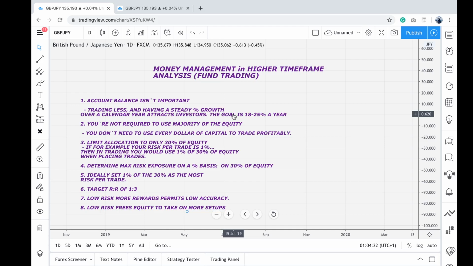So that way, even if you're taking on a trade, that very much reduces the risk exposure to the marketplace. Now the risk exposure is greatly reduced because now you're taking 1% of a 30% equity to place trades. So if you're losing 1% of a 30% equity, what does that mean? You're losing $3,000 per trade.